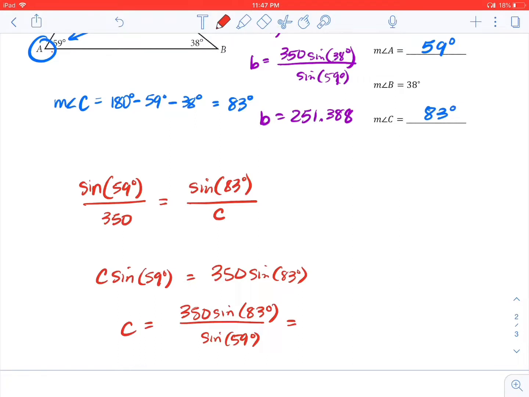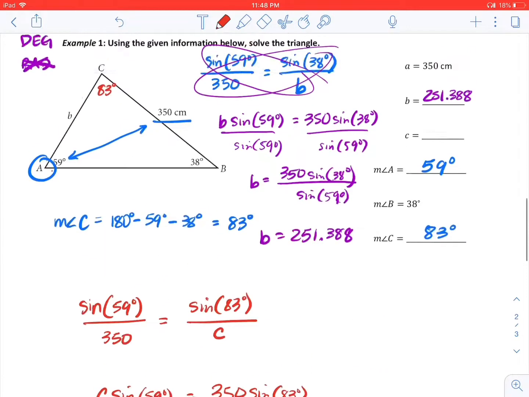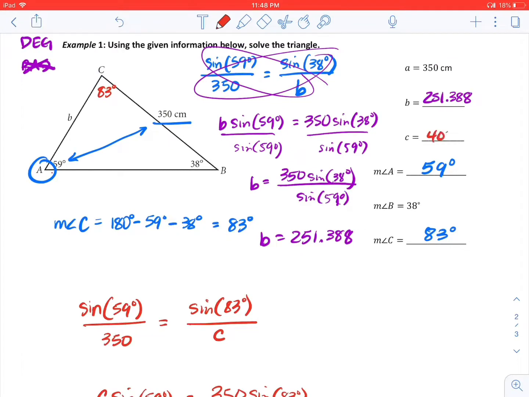And when I stick that into my handy dandy calculator, I get 405.278. I guess I should include the centimeters just because it was included in the original problem.